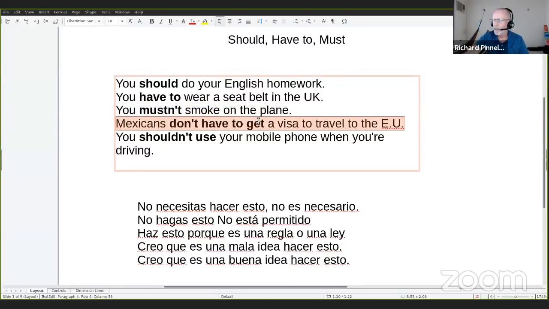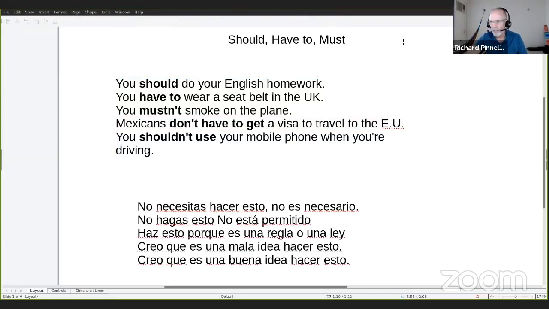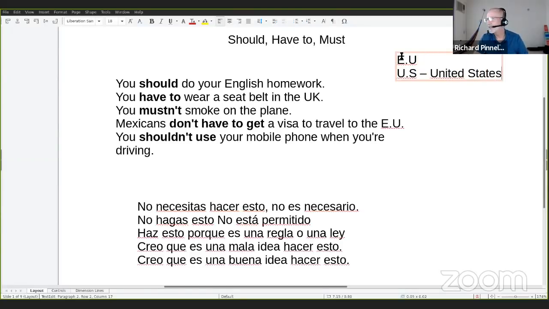Next one. Mexicans don't have to get a visa to travel to the EU. What is the EU? Nancy, what's EU? Do you know? Or anybody? No. Estados Unidos? No es Estados Unidos. Estados Unidos en inglés es US. Europa?